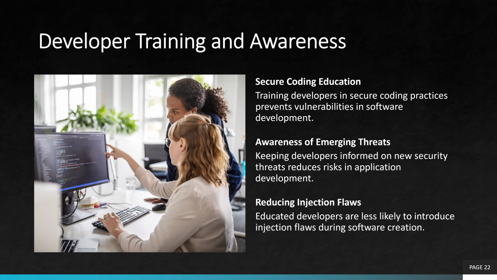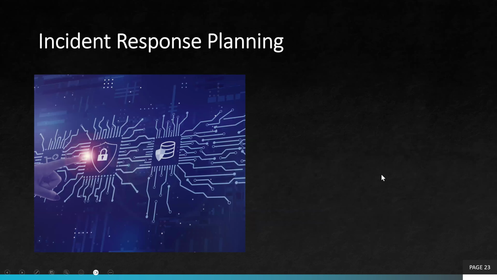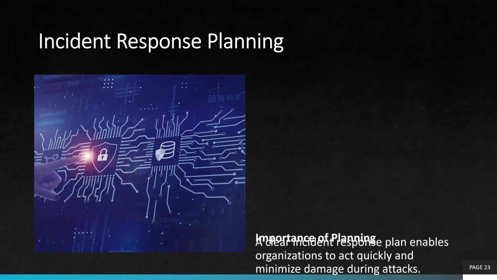Educated developers are less likely to introduce injection flaws during software creation. Same thing with the sysadmin, the DBA, the network administrator, the end user, anybody that has sudo access or root access to a given system. Make sure that they are aware of all the flaws of a given system.